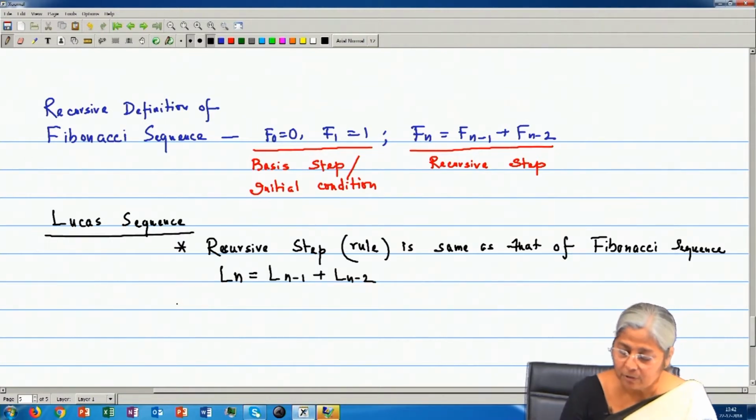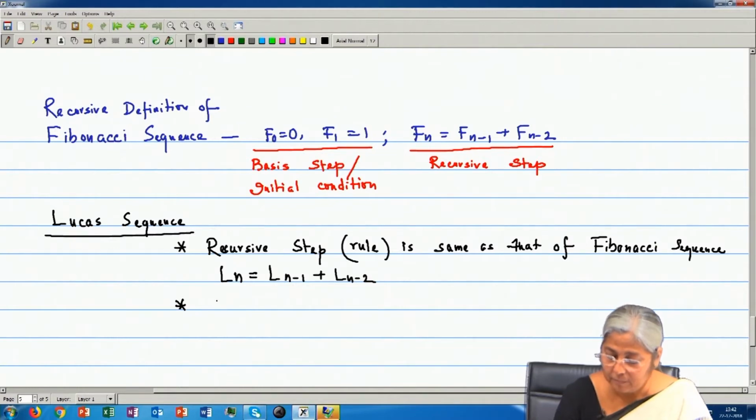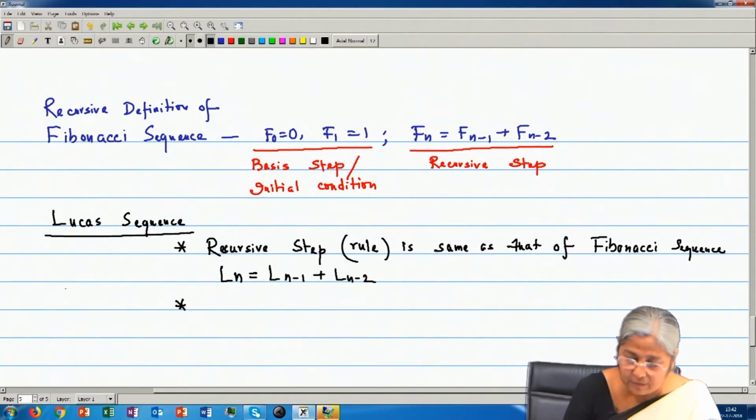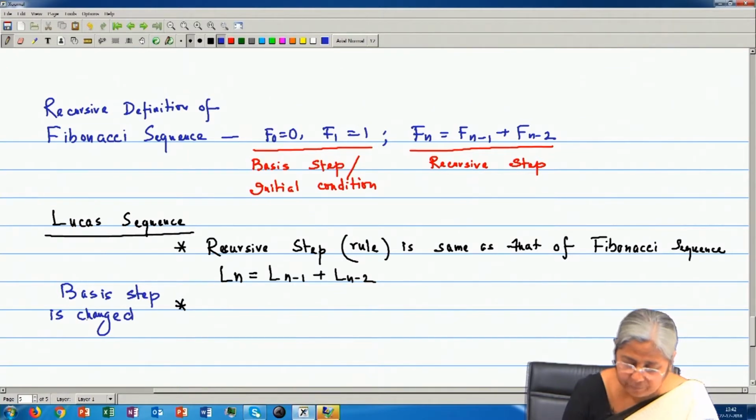But we change the basis step, or I should say the initial conditions are changed.